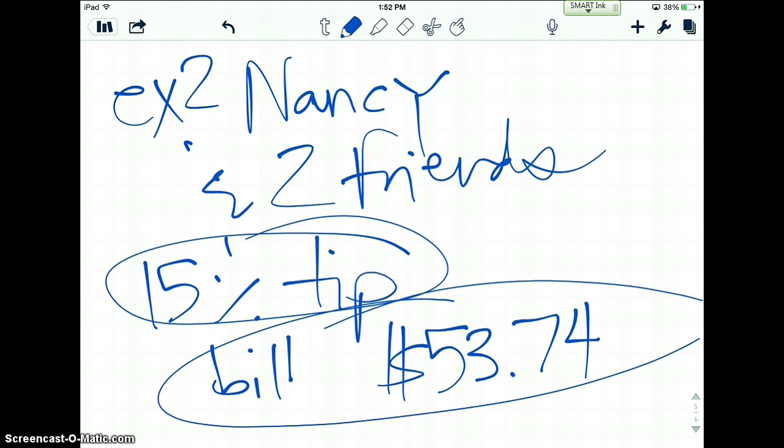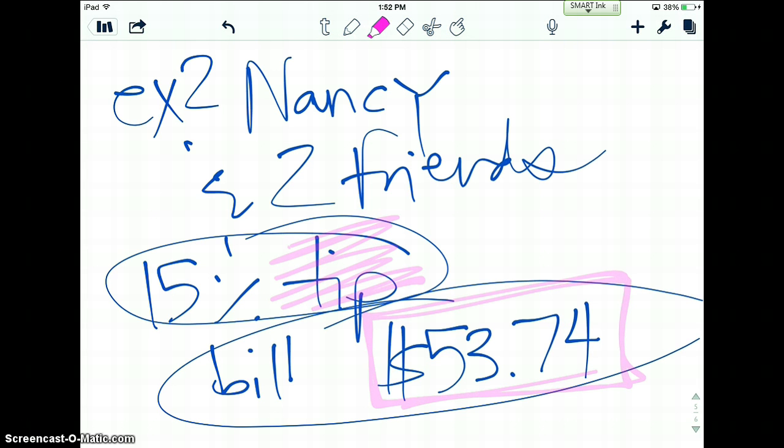Okay, let's find what amount of tip that they ended up paying. So you guys, when you calculate tip, when you go to a restaurant, we've been working with sales tax all along. Tip is based on the price of your food without sales tax.